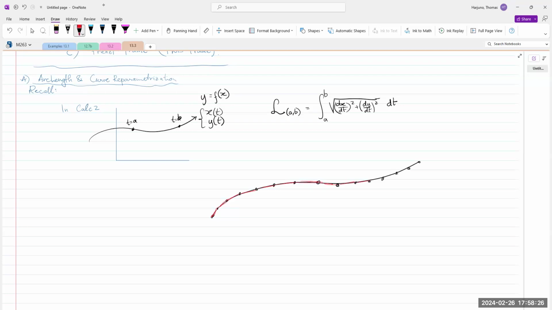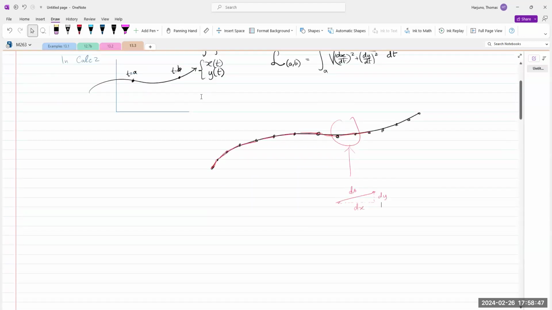If we take one of the line segments and super enlarge that, you will see the length here, usually denoted by ds, is basically an application of the Pythagorean theorem on dx and dy.